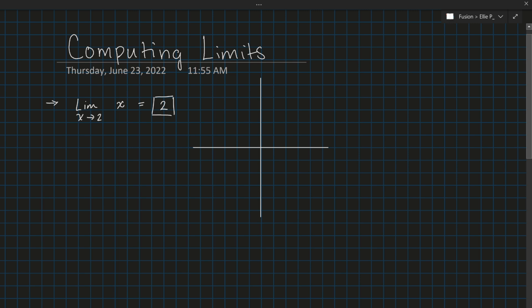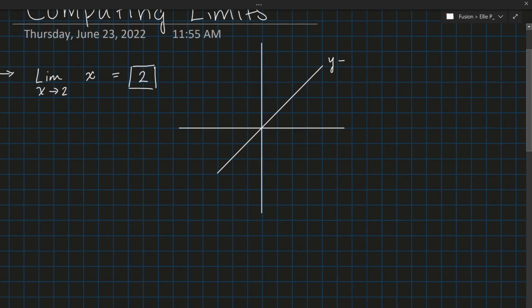and we can see that graphically too. So if we plot the function y equals x, then we can see that at x equals 2, the function value, the y value, is also equal to 2.